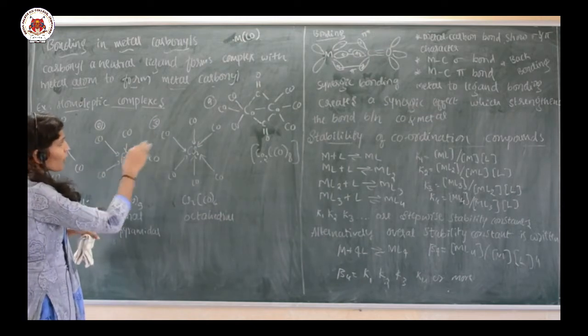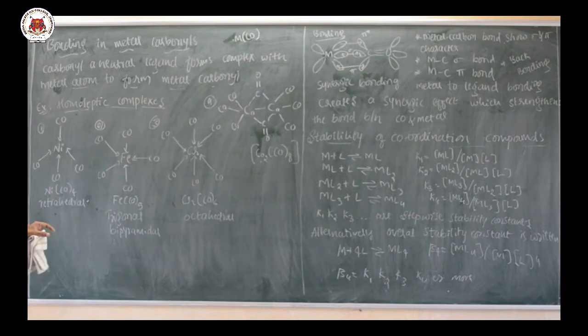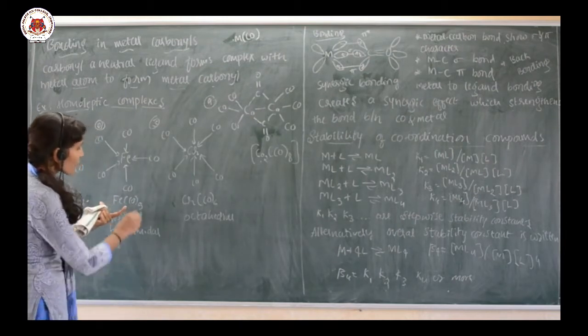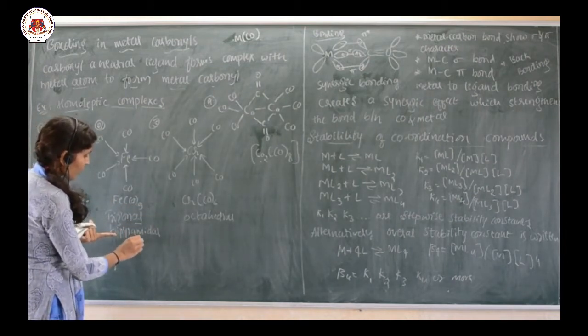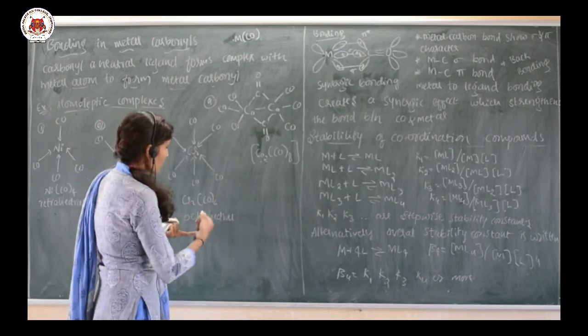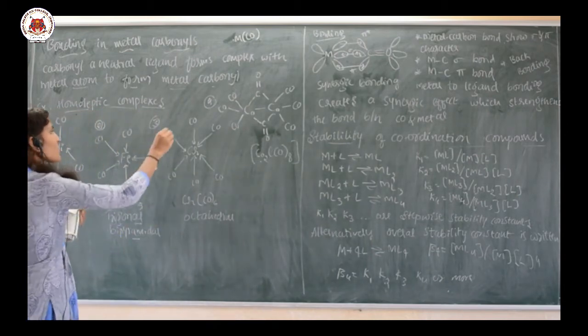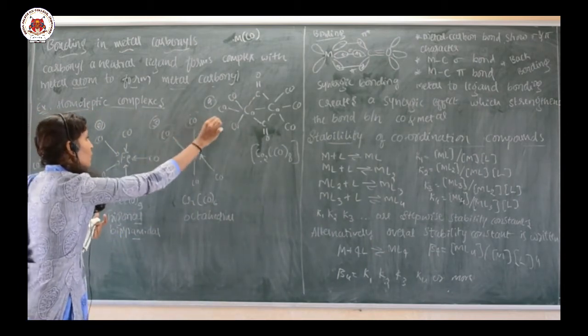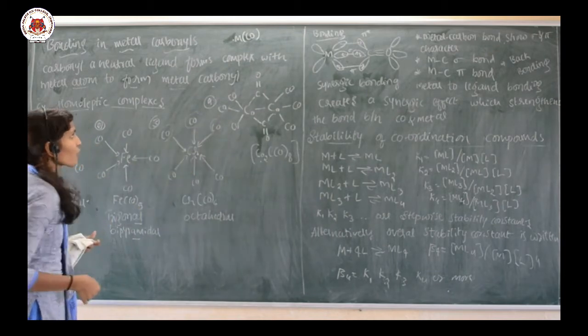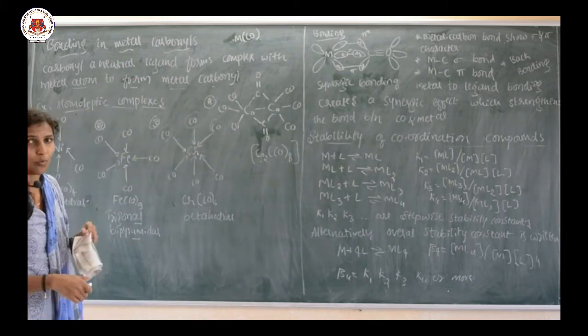Here I have shown 4 examples of different metal carbonyls: Fe(CO)5 has a trigonal bipyramidal structure, and Cr(CO)6 is octahedral. In all these cases the carbonyl, CO, makes a bond with the metal. That's why these are said to be metal carbonyls.